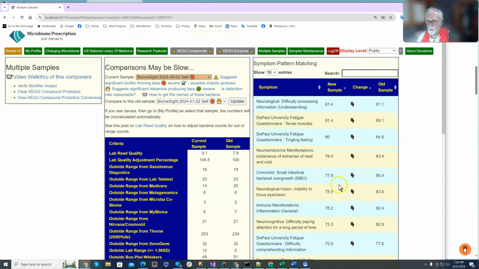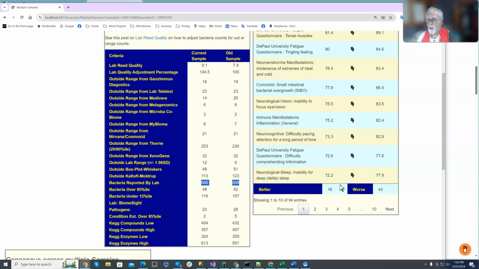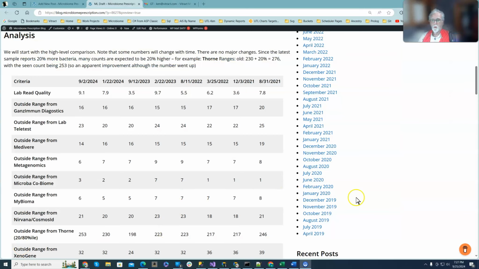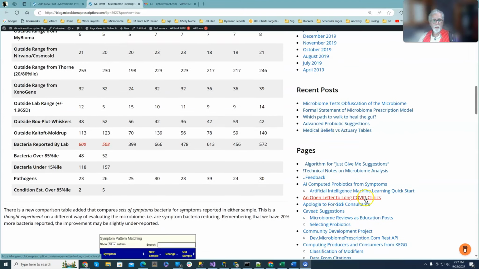So we are seeing a good number of decreased degree of match with the symptom pattern, which implies that these symptoms will probably be better. Worse and better here can get a little bit confusing. So generally just take a look at there and do evaluation. So that is where we are getting the base table. Okay, so that covers how we get that table.